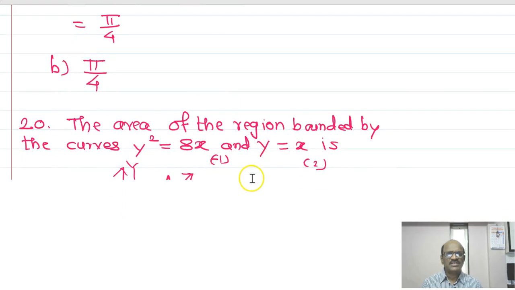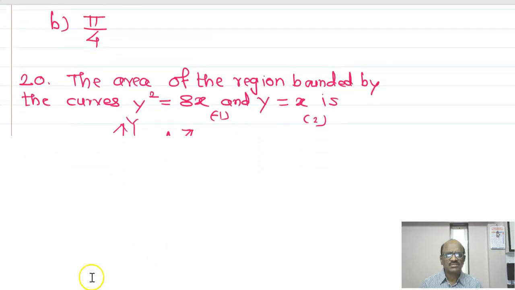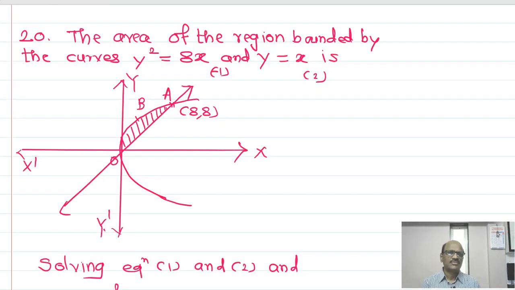Now next, it's a question. Now see this, the area of the region bounded by the curves y square is equals to 8x and y is equals to x. Now see, this is the parabola, y square is equals to 8x, and y is equals to x, this is the line.